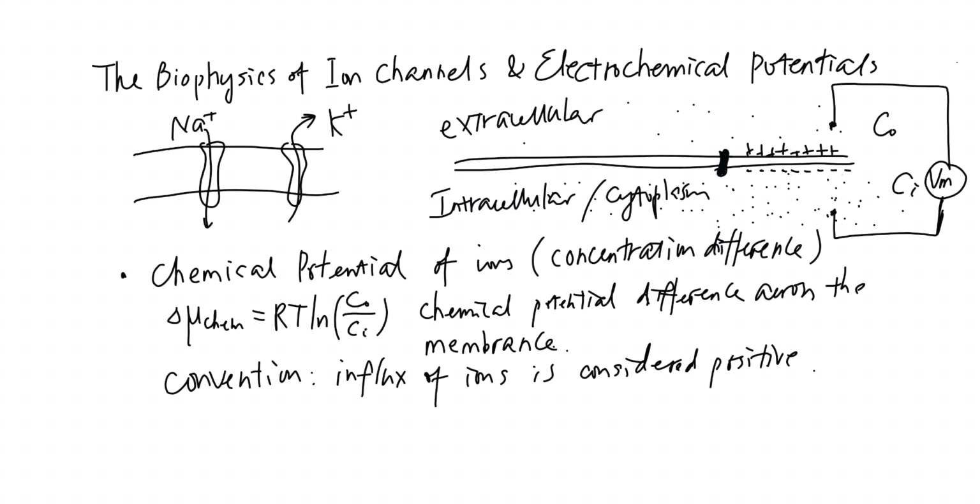Okay, so there is an electrical field. If you have a cation, which is a positively charged ion, it will go into the channel, into the cell. If you have a negatively charged ion, it may move out of the cell just because of the electrical potential across the membrane. So that means you also need to consider the contribution from electrical potential.